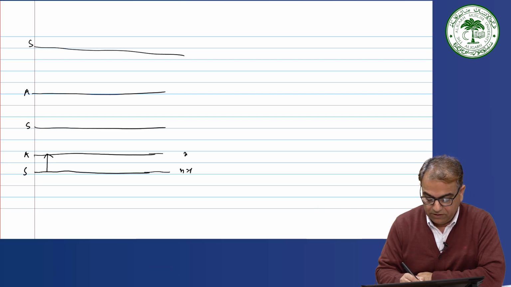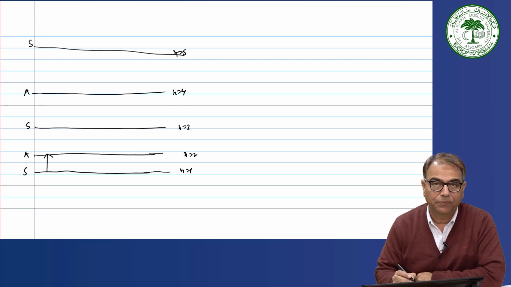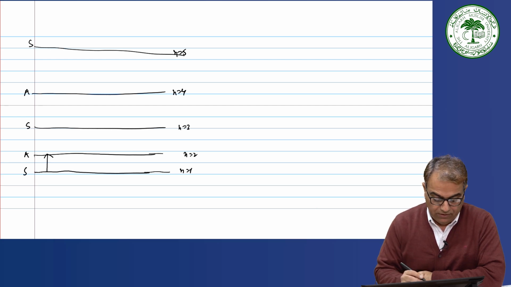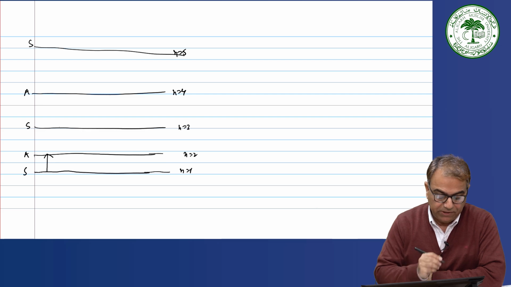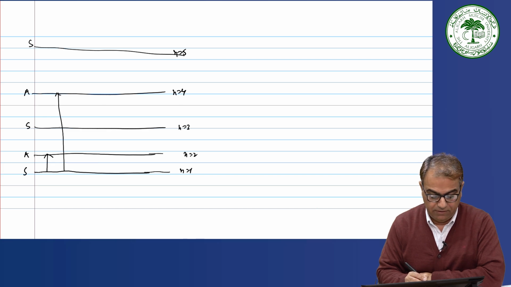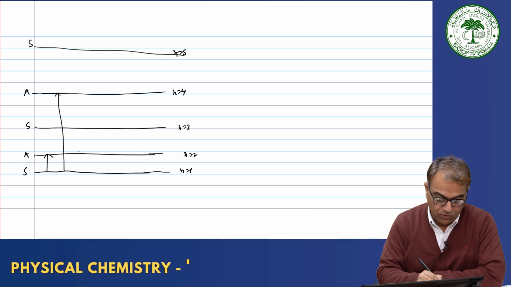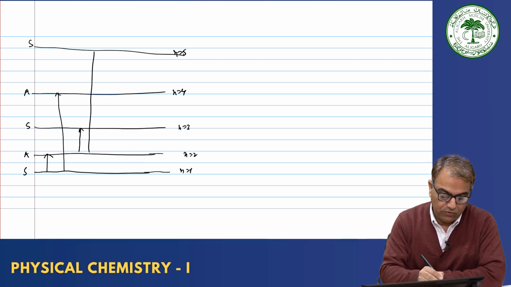N is equal to 1, N is equal to 2, N is equal to 3, N is equal to 4, N is equal to 5. Now from symmetric to symmetric it will not go, so it will go to this one. Okay. What else? Can this go to this one? No, it will not go. But this can go to this one, and this can go to this one.